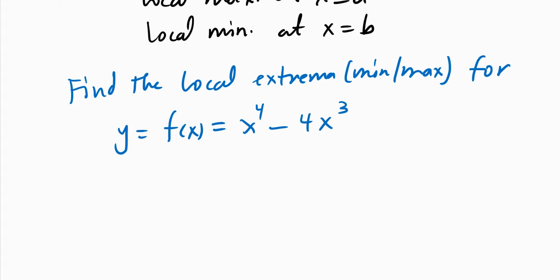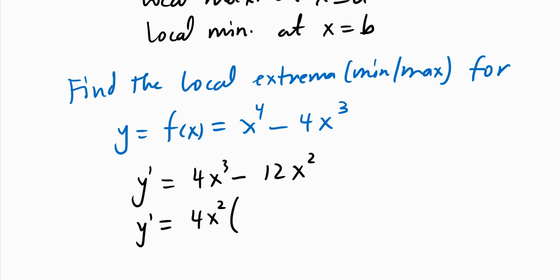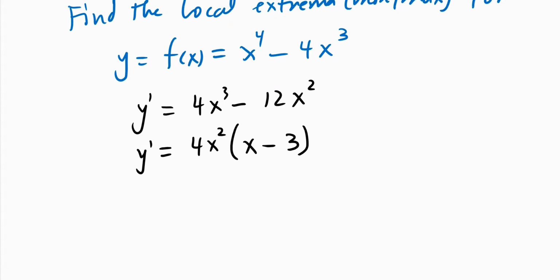Well, to see which one is local min and which is local max, we need to find the critical numbers first. To find the critical numbers, we find the derivative and set it equal to 0, or where it does not exist. So that's 4x cubed minus 12x squared. You can factor out 4x squared, so that will leave x minus 3. So what goes on the number line?